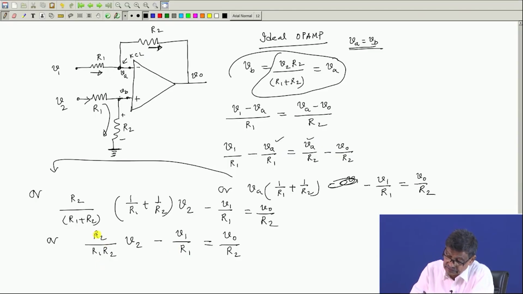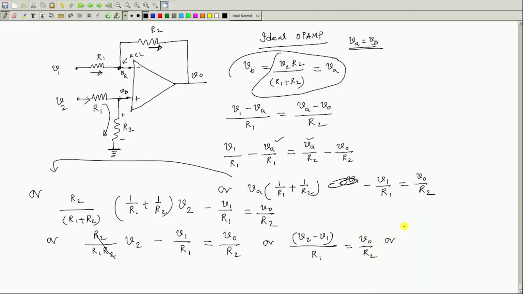So, this R2 cancels, and you will have V2 minus V1 divided by R1 is equal to V0 by R2, or I will say that V0 is equal to R2 by R1 into V2 minus V1.